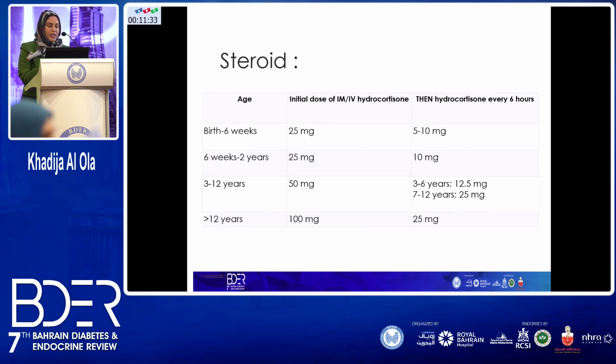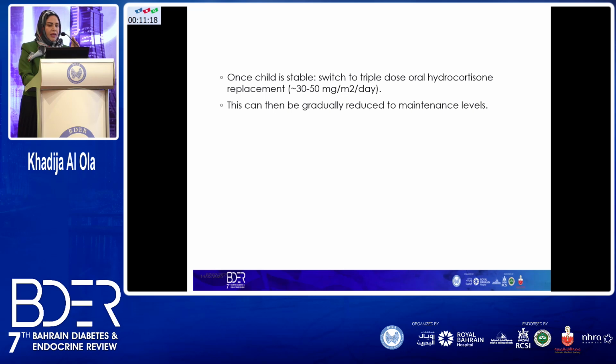The stress dose we calculate as 100 milligram per meter square as a start dose, and then we give it Q6 hourly. We have doses that depend on the age of the child. And once the child is stable, we will switch to the triple dose of the hydrocortisone and then to the maintenance doses.